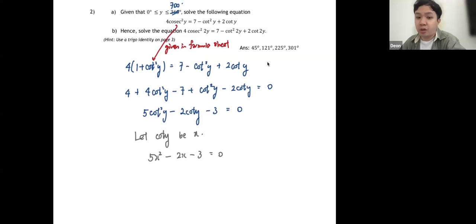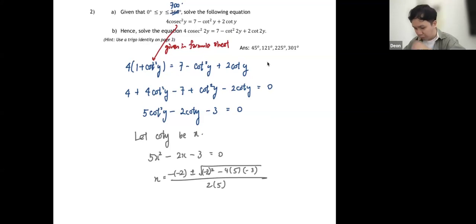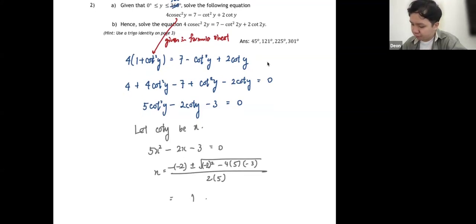Then we want to use the quadratic formula like what we did just now. Okay, notice that the steps are the same.